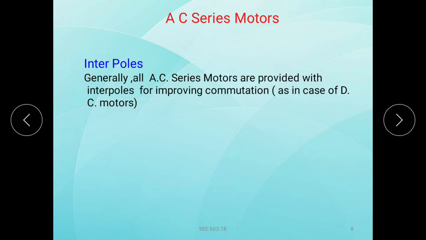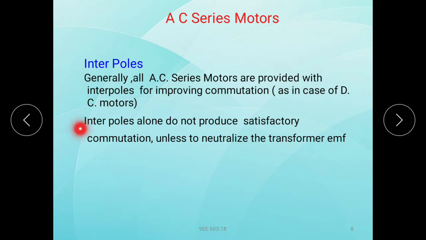So in AC series motors, interpoles are provided to improve the commutation just like in DC motors.